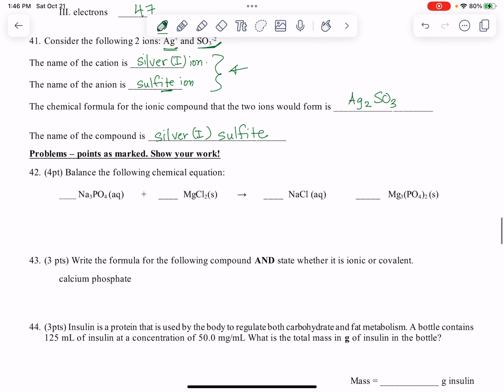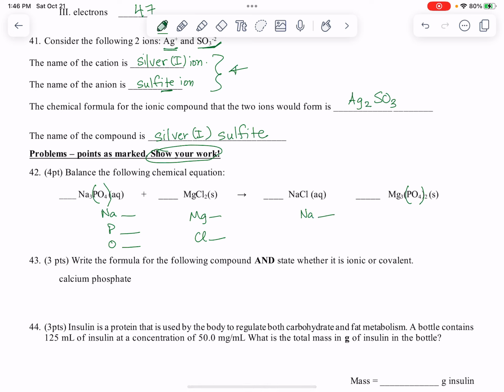Balance the following chemical equation. Notice you do have to show your work. So I go down and I grab, I didn't leave enough room. All right. I can treat the phosphate as a unit since it shows up in both places, or I can treat it individually.